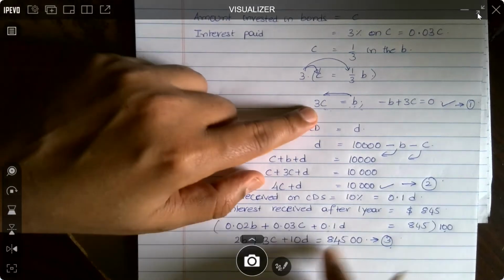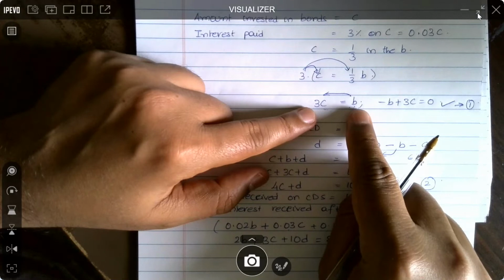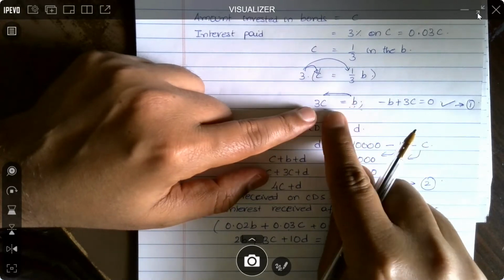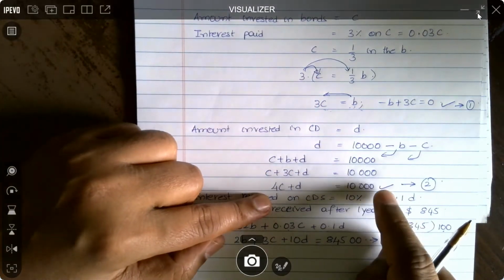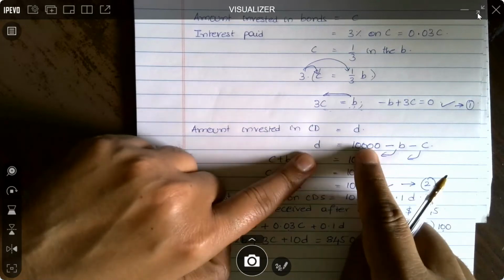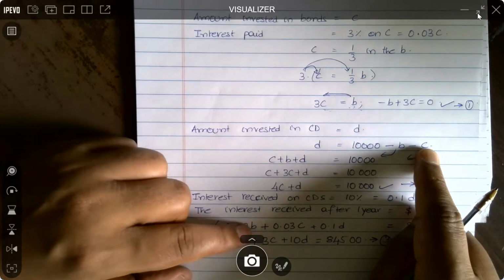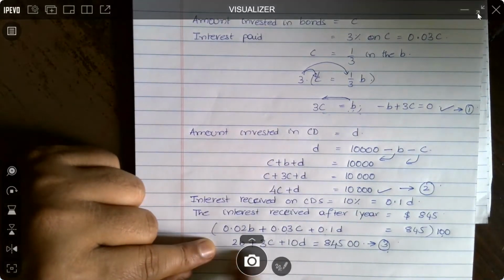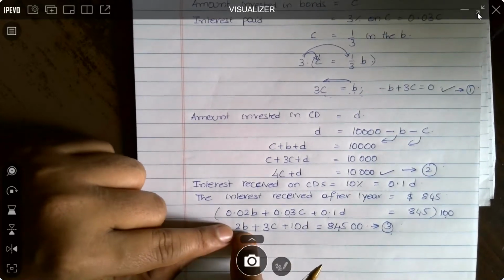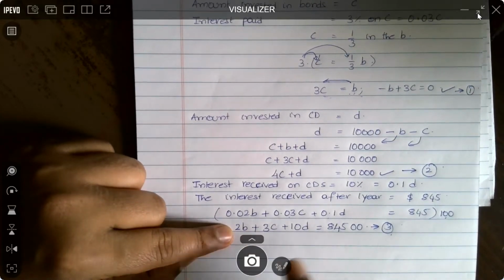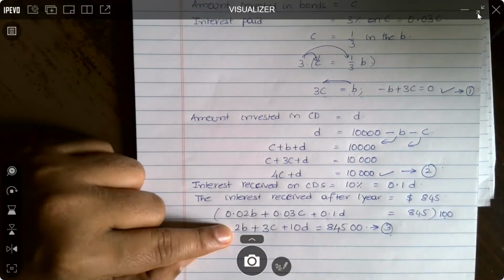Equation 1 comes out of the relation between the amount invested in the bank and the bonds, and equation 2 comes out of the relation between the amount invested in the CDs and the bank and the bonds. Equation 3 comes out of the interest collected at the end of year 1, which is $845, the sum of the interest collected from each of the investments.